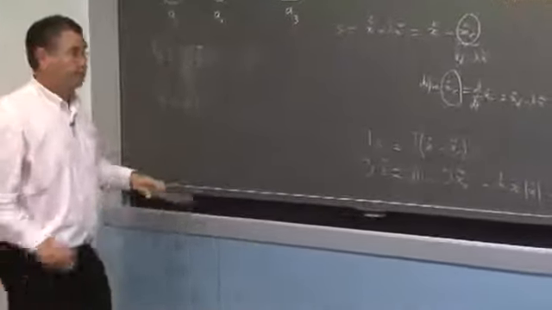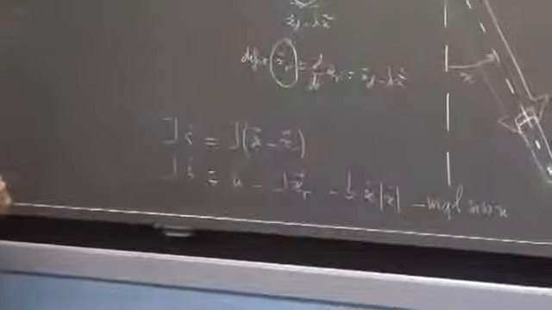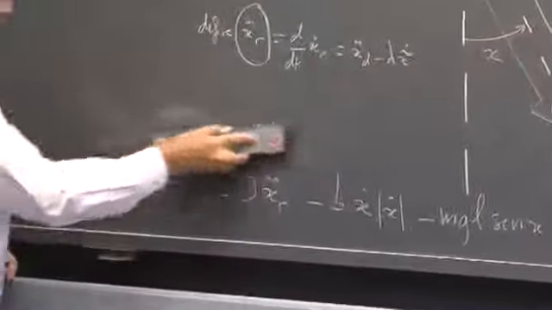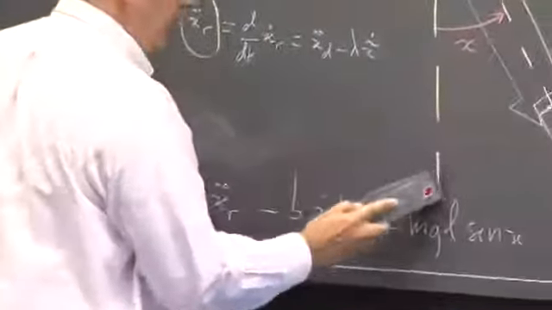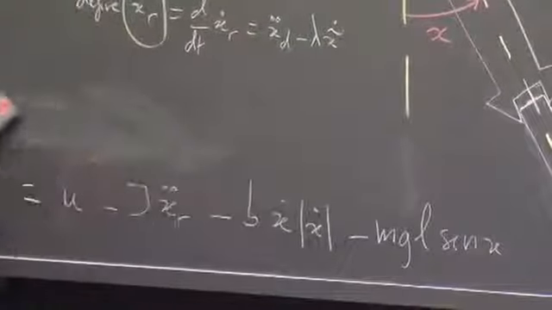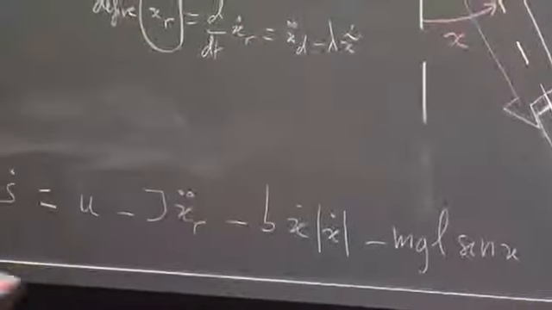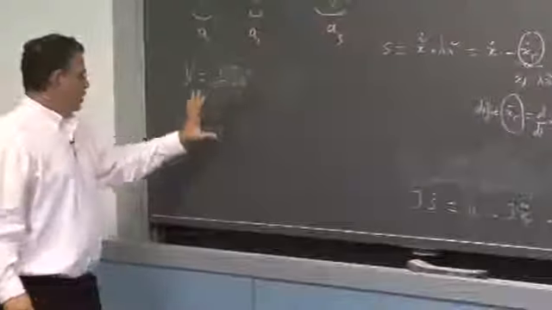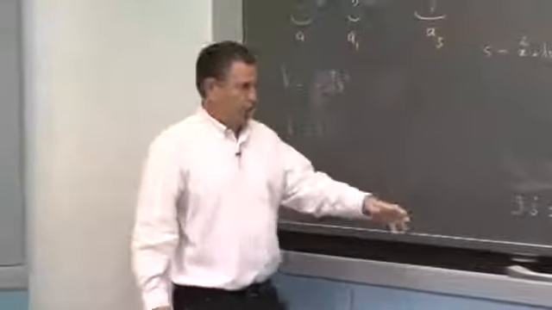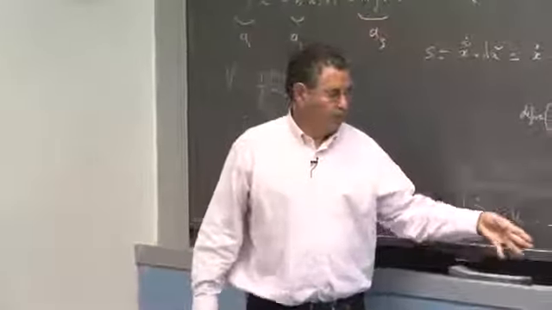Okay. Now, let's look at this structure here. What can we say? This term in JS dot, which we're going to have in V dot, will be equal to the control input minus these things.